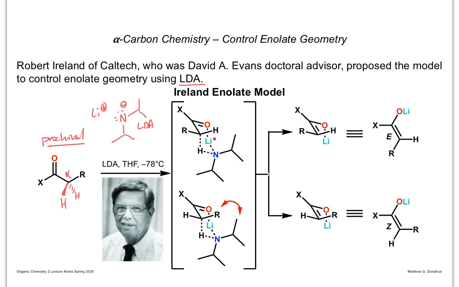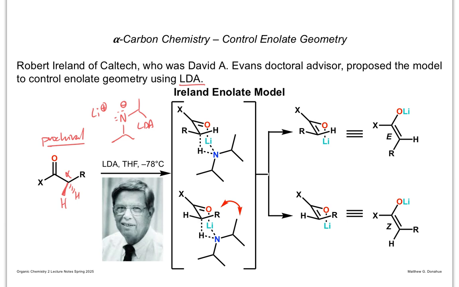That lithium is plus, so it has an ionic attraction to the nitrogen because it's minus. It's also attracted to the lone pair of the carbonyl oxygen. And then when you look at the alpha carbon, you have the 2 hydrogens.